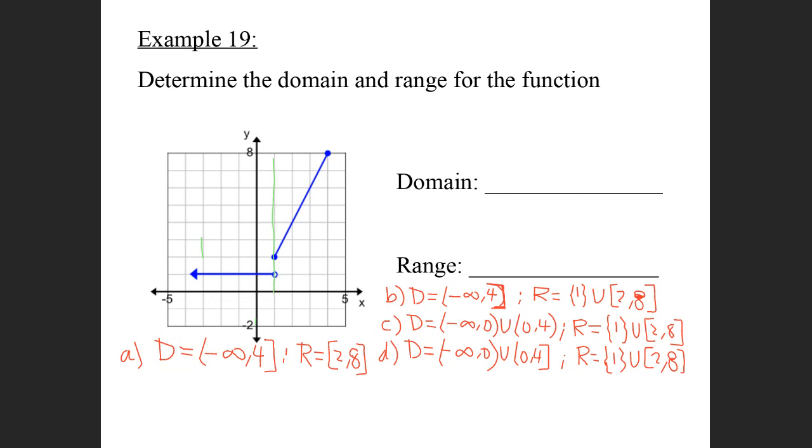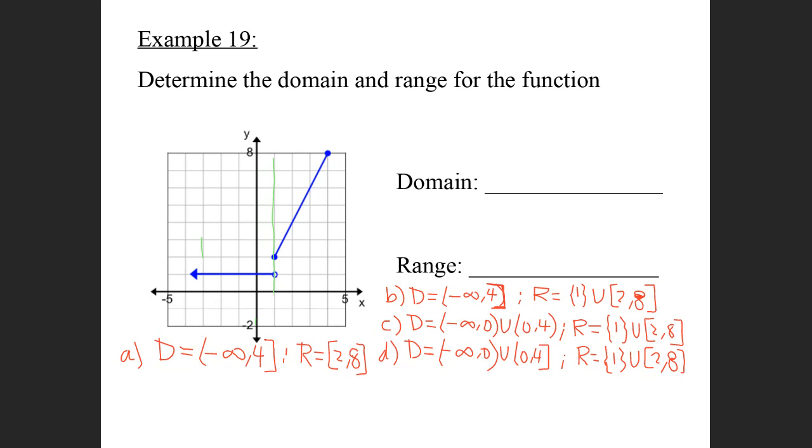F of 1 is 2, so 1 is in the domain of f. And keep going. Going to where? Not to infinity, to x equal 4. So from minus infinity to 4. This is the domain.